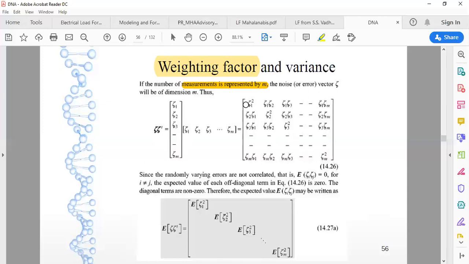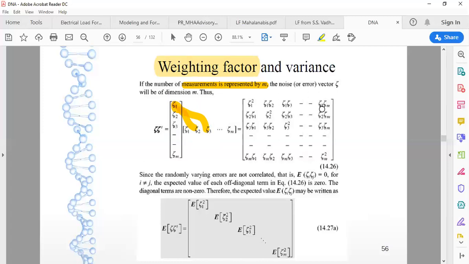If we consider the first row, then this will multiply with this entire row. So the first element will be zeta 1 square. The second element will be zeta 1 into zeta 2. The third element will be zeta 1 into zeta 3, and so on.